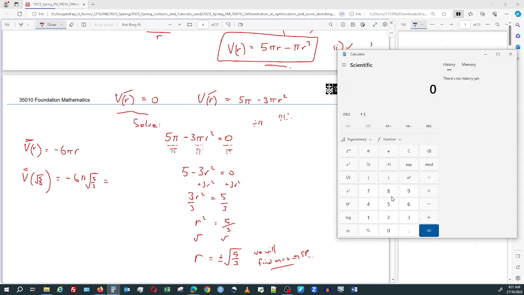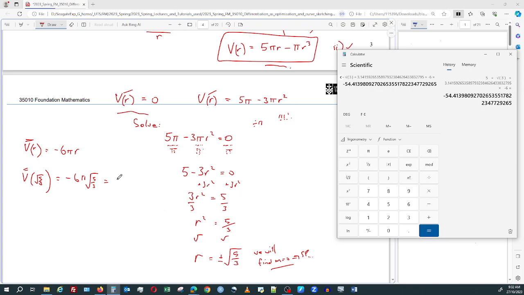Minus 6 pi, so 5 divided by 3, take the square root of that, multiply that by pi, multiply by that 6 minus, so we get minus 54.